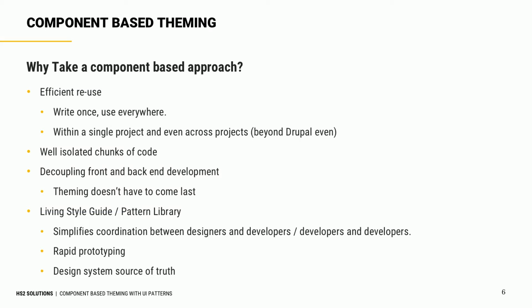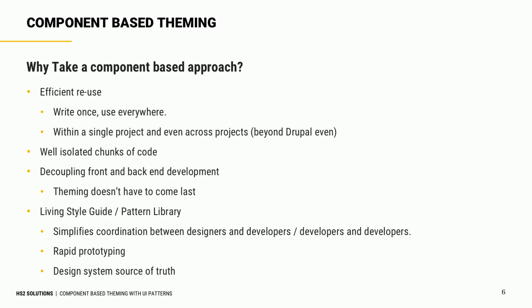And then it opens up the door to decoupling front-end and back-end development. So you can build these components in isolation, define how they're supposed to look, feel, and behave before the functionality actually exists in your CMS. So theming doesn't have to be the thing that you rush and jam in at the end of a project necessarily.